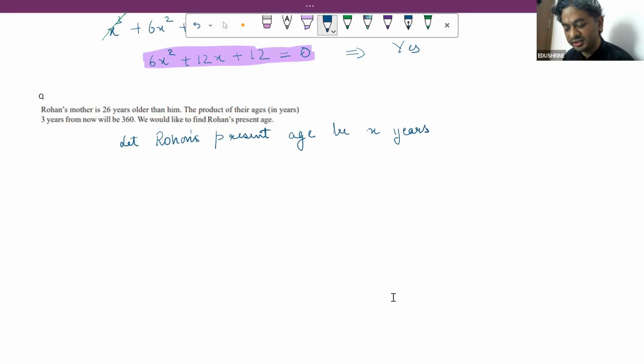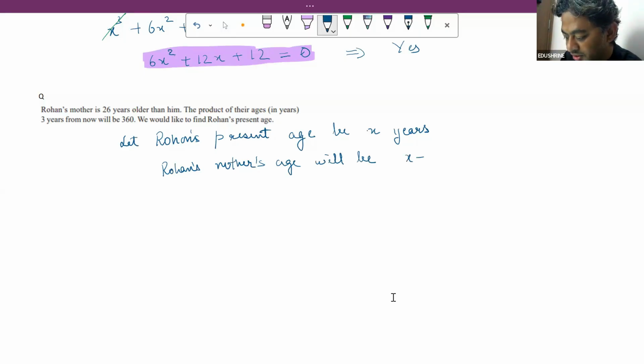So if Rohan's present age is x years, then what is Rohan's mother's age? Rohan's mother's age will be, what is given, Rohan's mother is 26 years older than him. So obviously x plus 26 years.